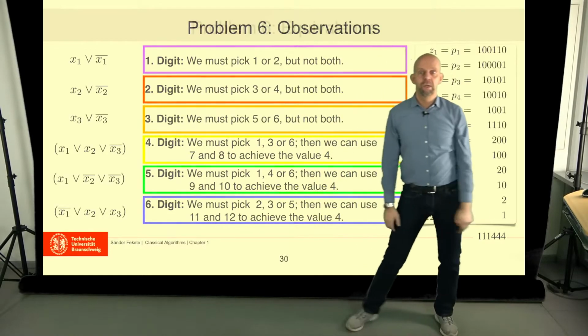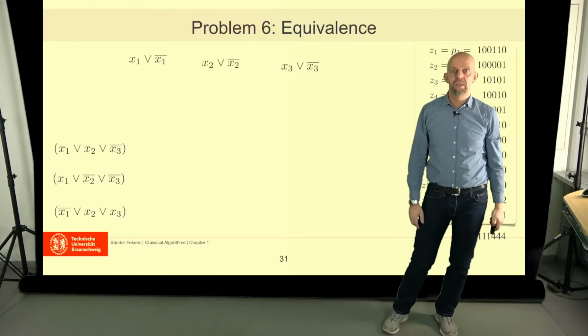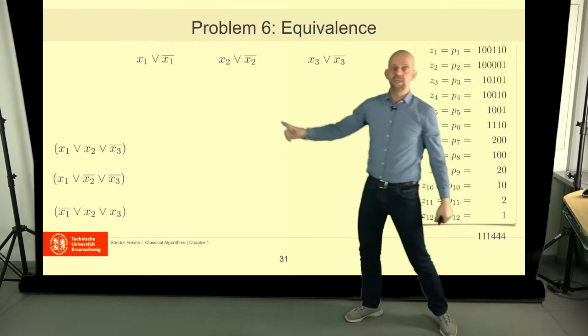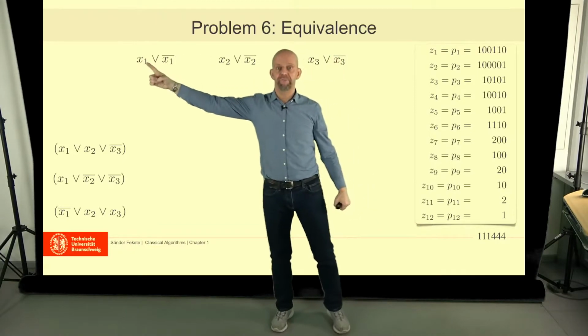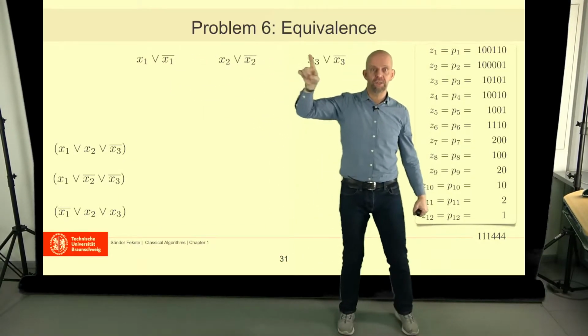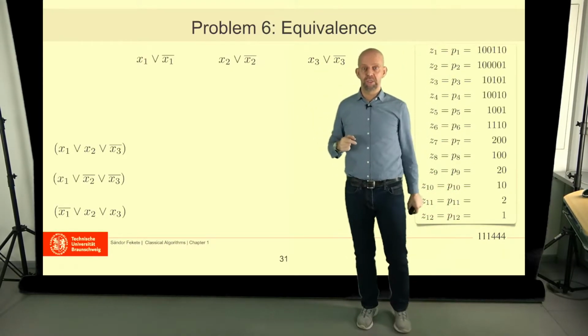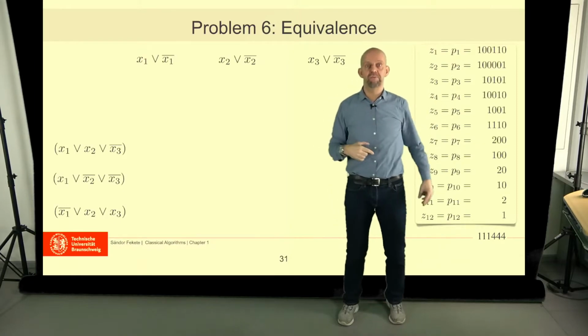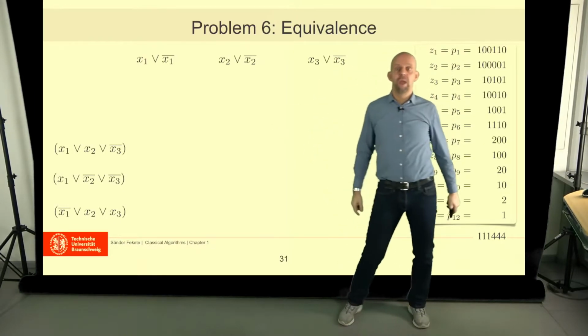So let's clean this up a little and look at this. We need to make these choices. Those are the choices we have. This one, or that one, this one, or that one, this one, or that one. 3 different binary choices, 3 different Boolean variables, 3 times 2 options.